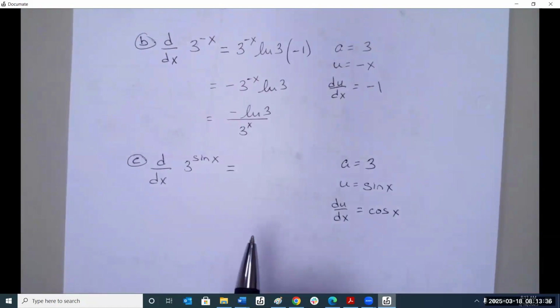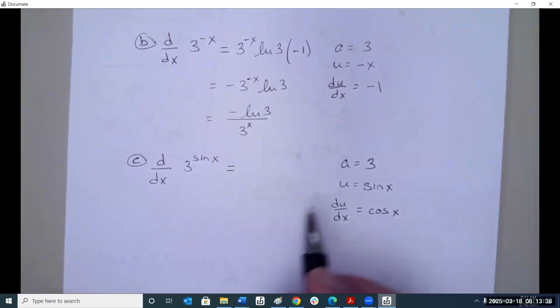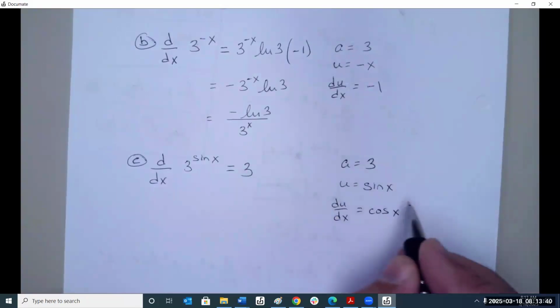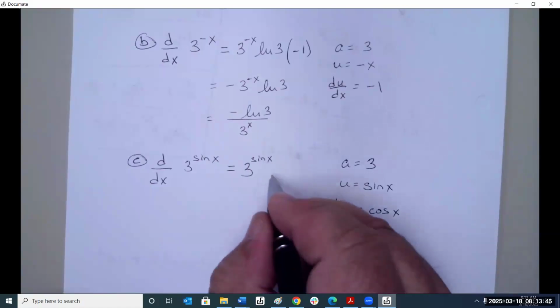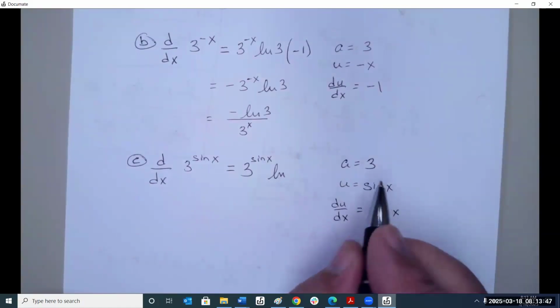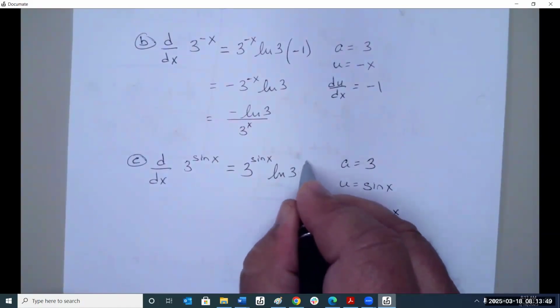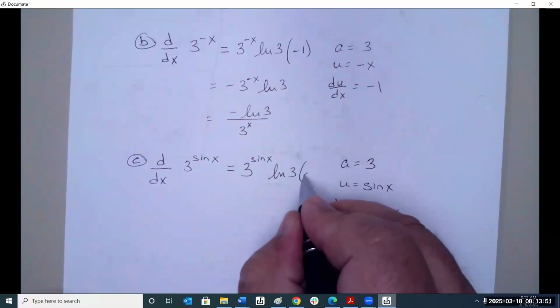Let's just plug them in there. So we have A to the power U, which is 3 to the power sine x, times ln A, times the derivative, which is cosine.